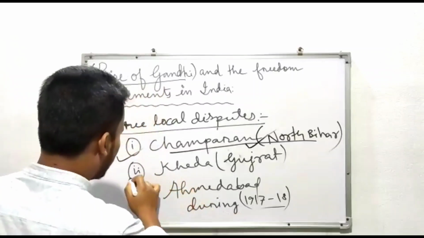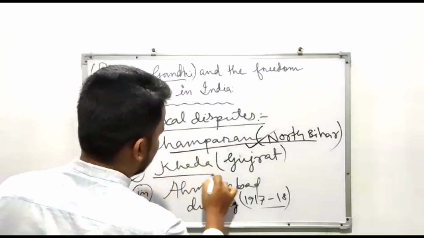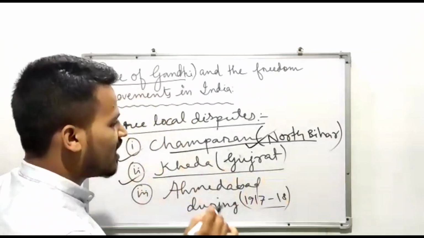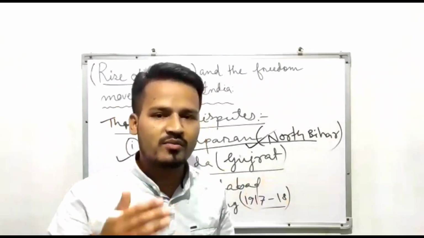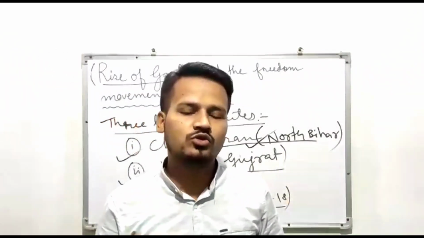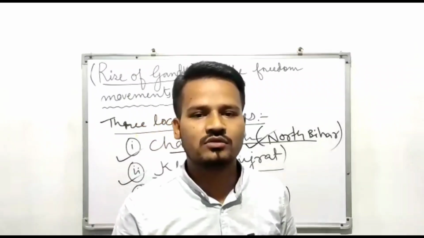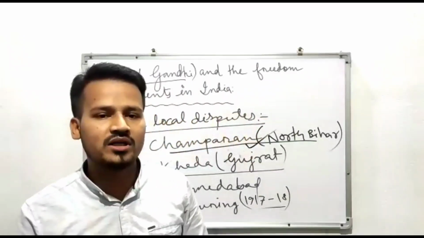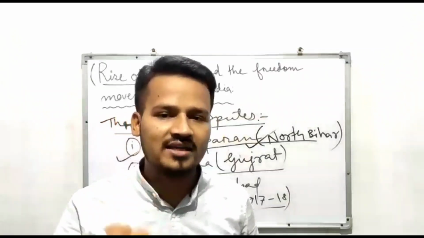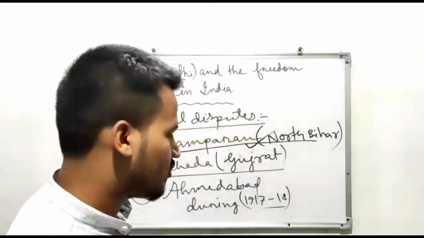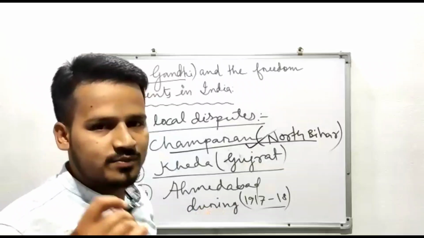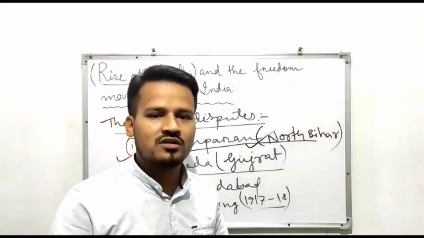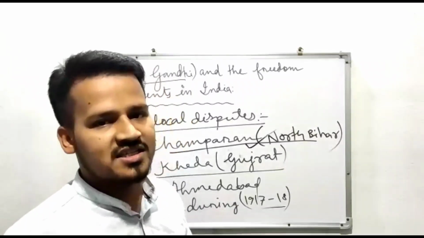Next, the cause was in Kheda. In Kheda, the farmers were bound to pay their revenue or taxes even if they were unable to produce their crops. So it was a great exploitation by the landlords under the British instructions.